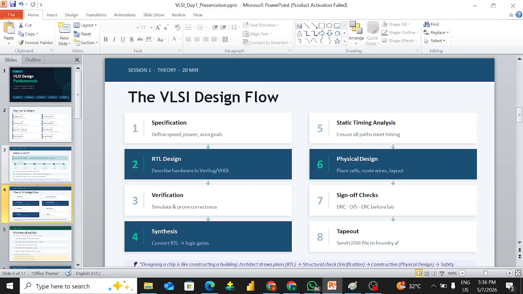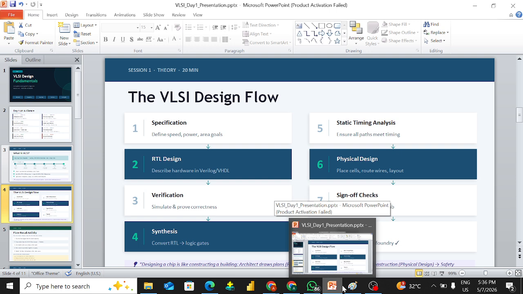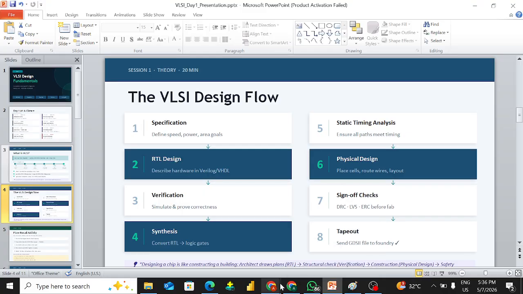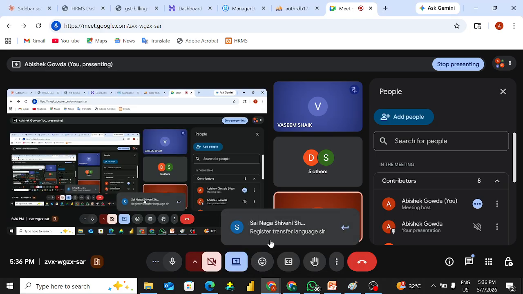Can any one of you tell me what RTL stands for? That's all. I'm not asking to explain the concept itself. Yeah, register transfer. Okay.